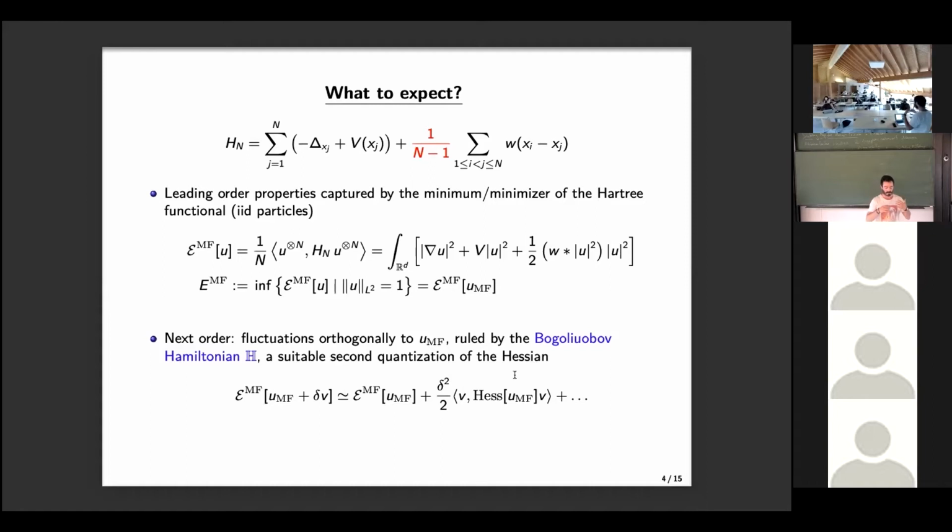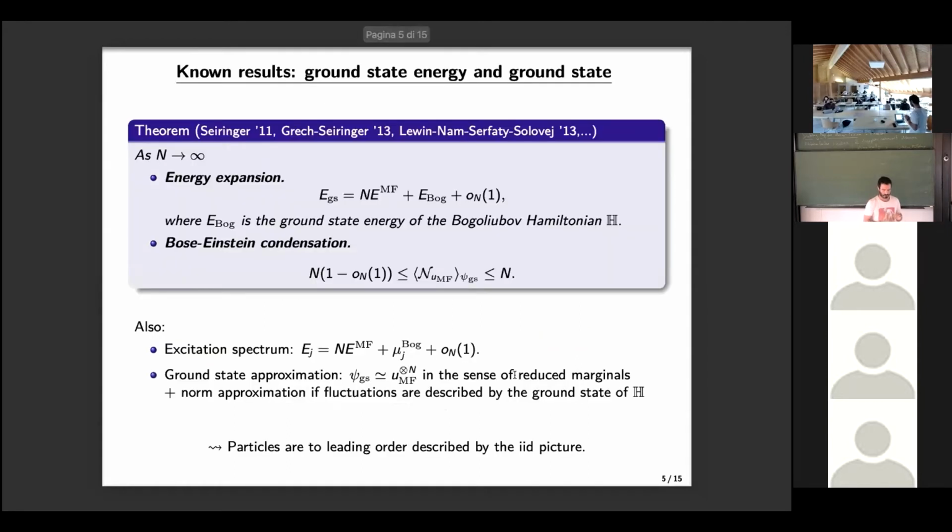At the quantum level, one can suitably second quantize the Hessian to obtain a quantum operator, called the Bogoliubov Hamiltonian, which is the energy operator for particles which are not in the Hartree minimizer. Let me quickly write a known theorem. These results were obtained in these three papers, and then many others.